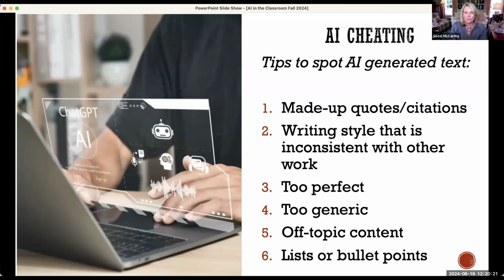You should also be aware of off-topic content, arguments that might make sense, but they're not what you were focused on in your class. That's another little red flag. And lists and bullet points. ChatGPT especially loves giving multiple reasons that are often numbered. And that could be another sign.